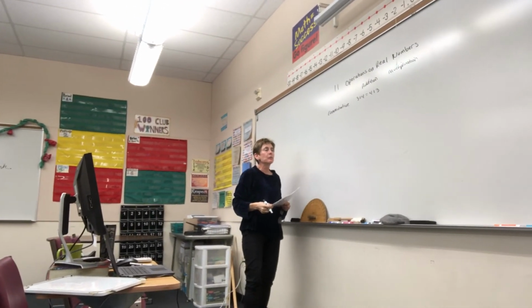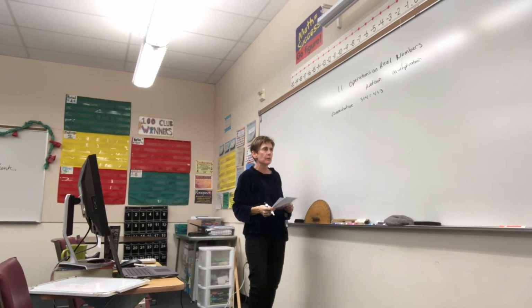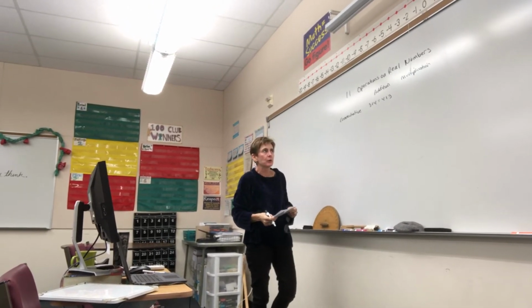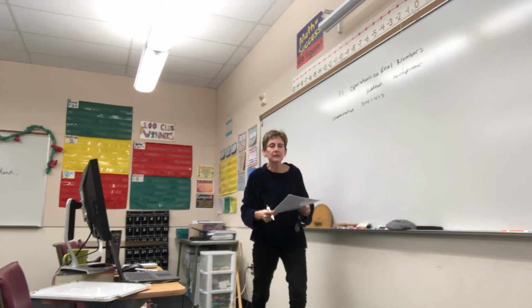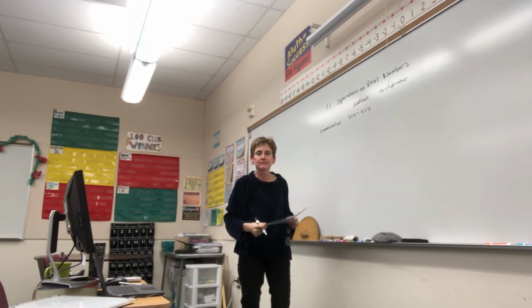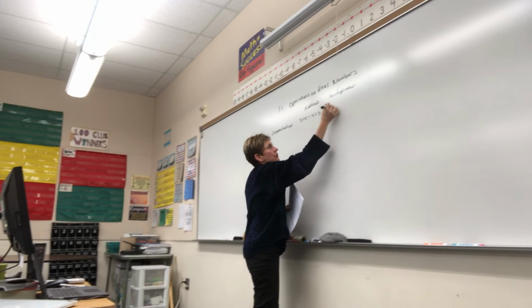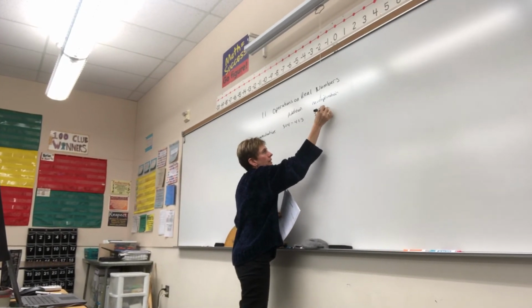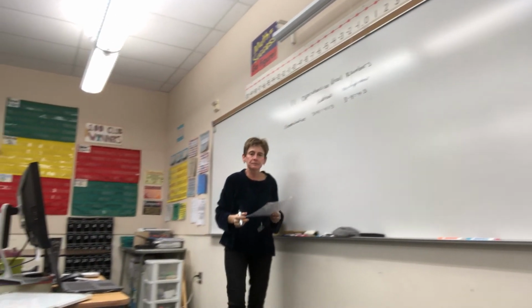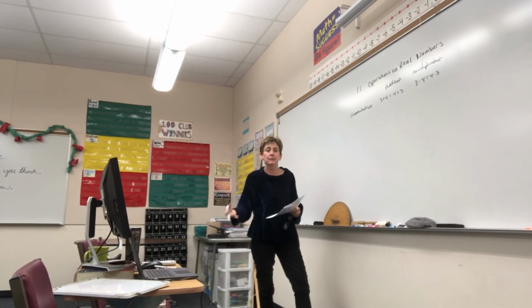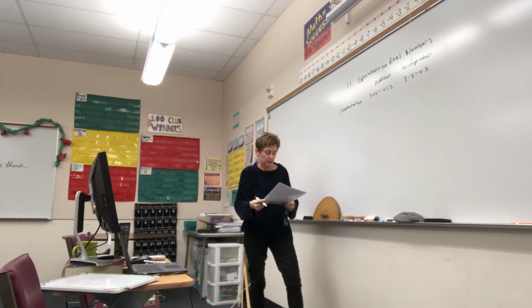So the commutative property of addition would tell me that 3 plus 4 is the same as 4 plus 3. Can you think of an example with multiplication? Let's do 3 times 4 is the same as 4 times 3. So it's the same idea that order doesn't matter, but you're using multiplication.